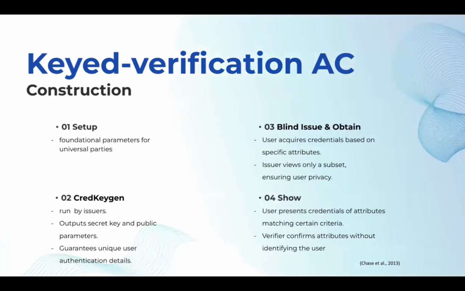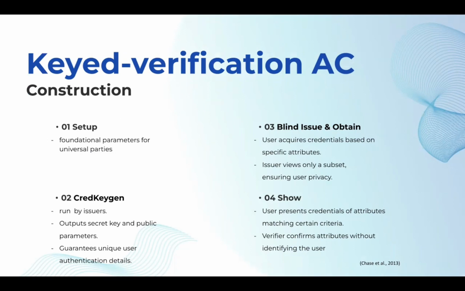Key verification credentials are constructed with four parts. The setup establishes foundational parameters for all parties. The key generation is run by issuers and outputs a secret key and public parameters.